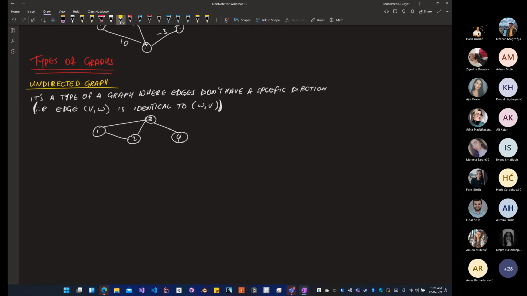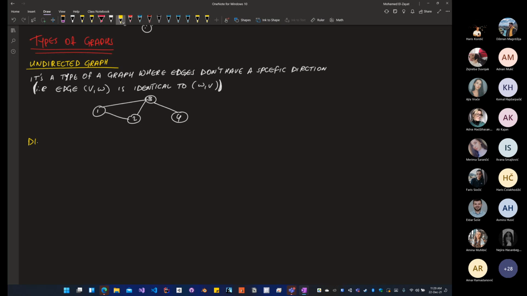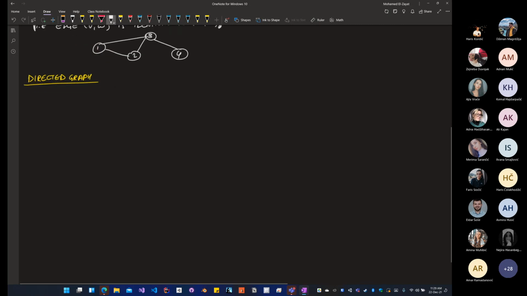A directed graph is the opposite of this. So you have directed graphs. By the way, sometimes it's called a digraph.